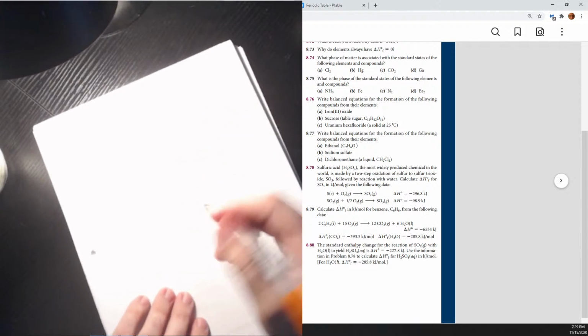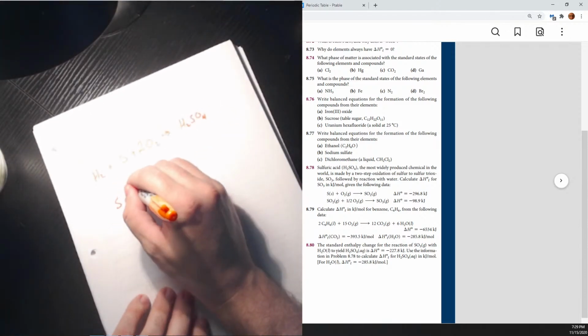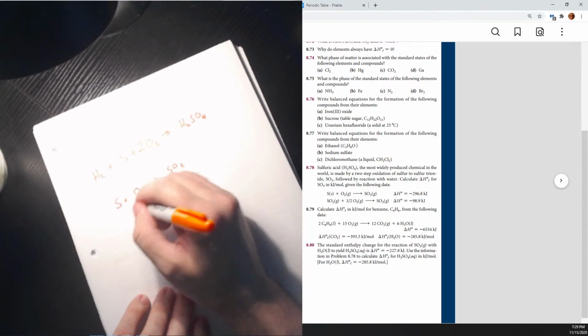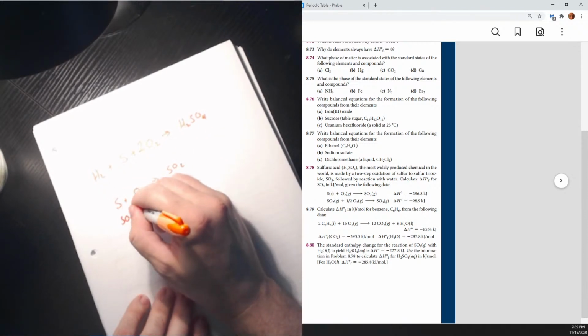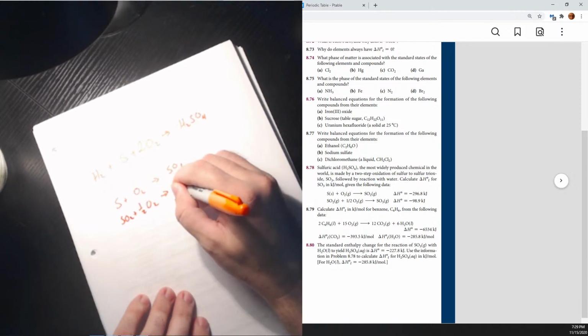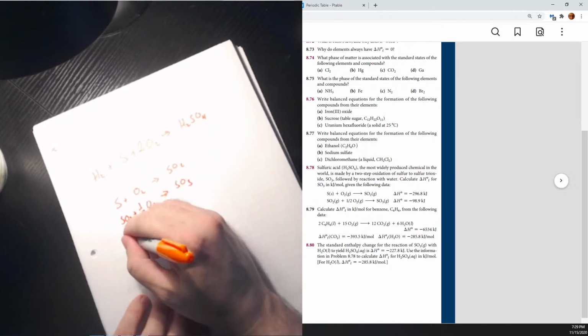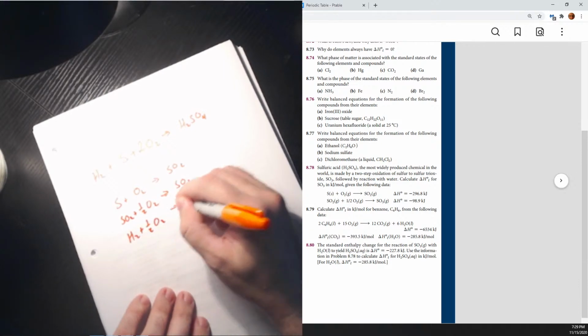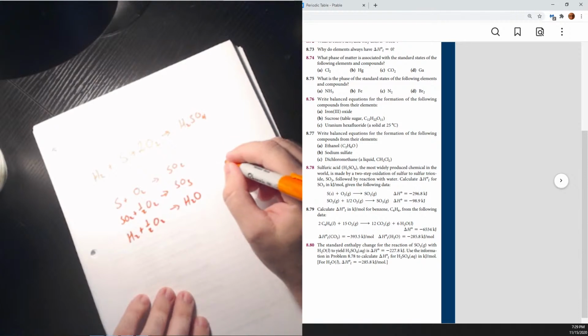Given S plus O2 yields SO2, SO2 plus 1/2 O2 yields SO3, and H2 plus 1/2 O2 yields H2O.